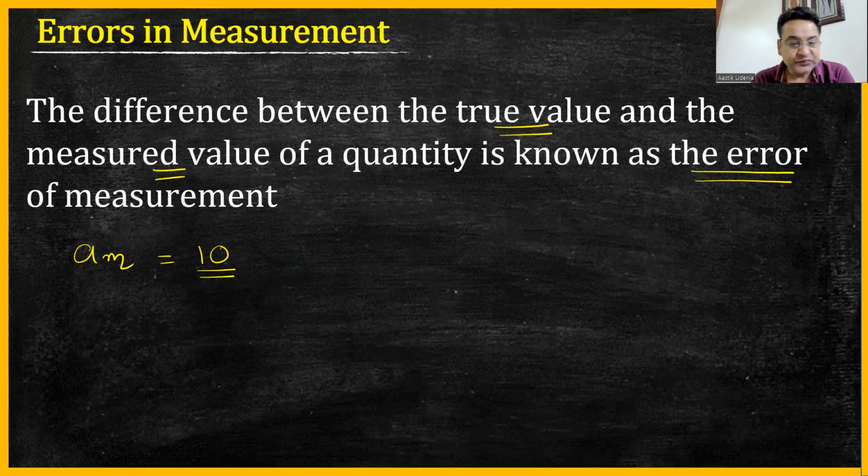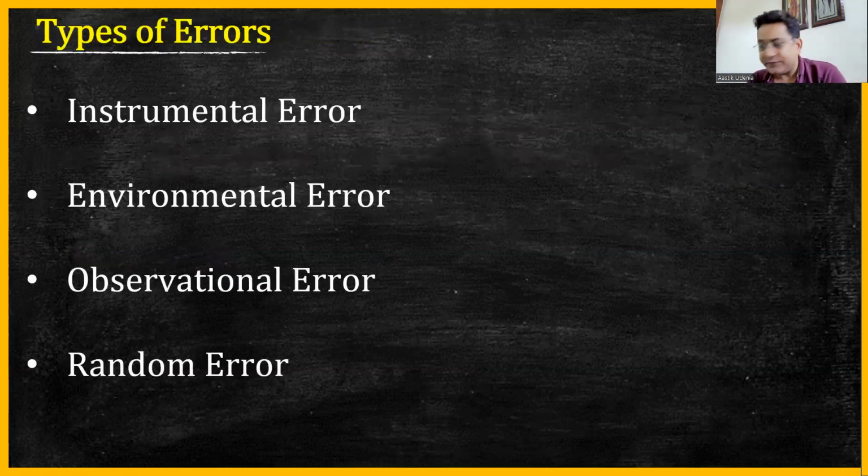Then what are the types of error? What are the different types of error that you can have? And I think you know about this. The first type of error, we don't have to go in much detail. You just have to understand the meaning. The first type of error is the instrument error. What is instrument error? A zero error is an instrument error.